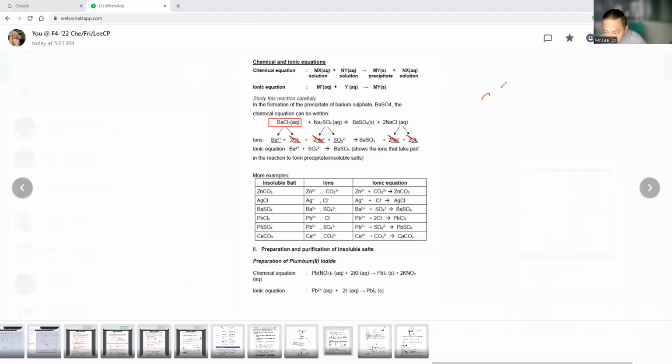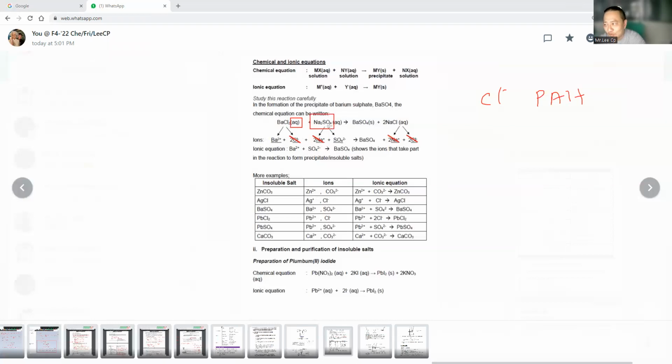All chlorides are soluble except PbCl2 and AgCl. BaCl2 soluble or not? Soluble, right? So it is a liquid, it is aqueous. So you write it as aqueous.